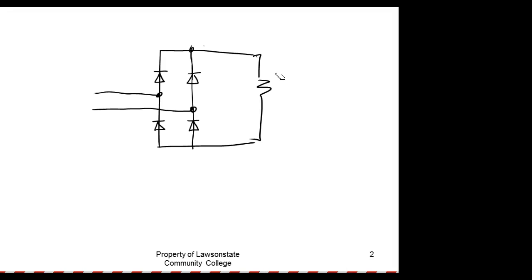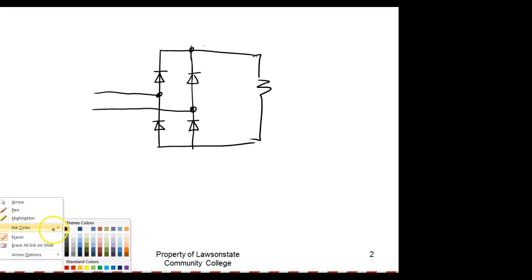Another thing that you're going to run into, and you've got to look for this, is we've got a lot of plus and minus supplies out there. So what they'll do is they'll come up here and do this to you. So I'm going to draw the bridge again. Okay, and we're going to make a positive supply.